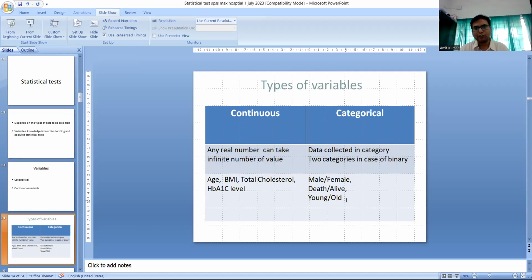And a categorical variable does not have a unit. But a continuous variable has a unit also. Like age, there is years; we are collecting year, month, days. BMI has a unit, total cholesterol level has a unit. So everywhere, continuous variables often have units. These two names you have to remember.